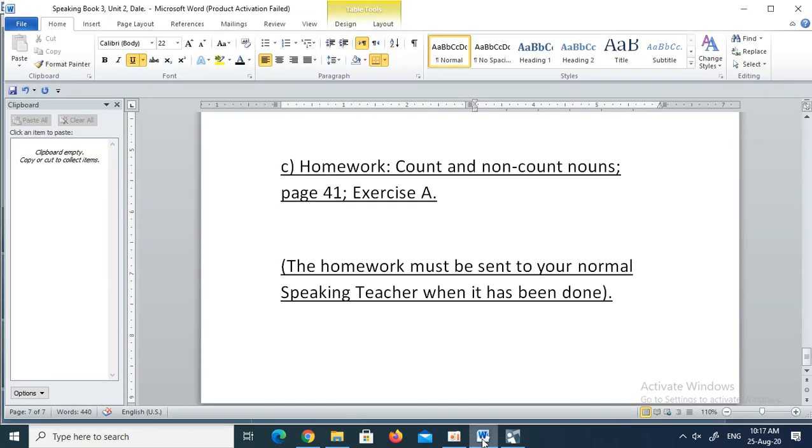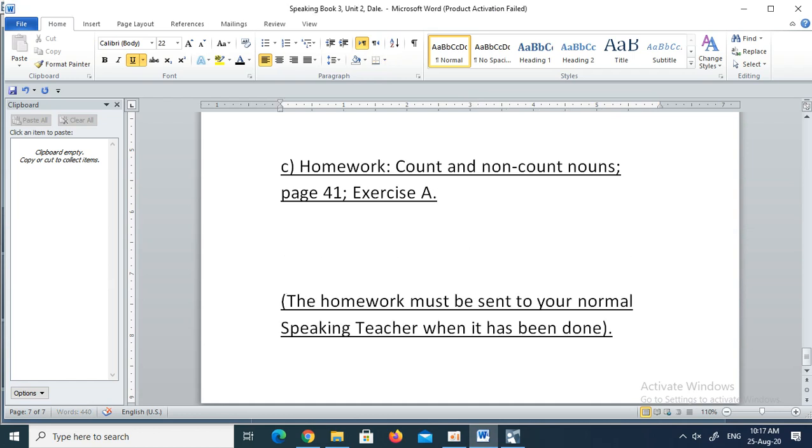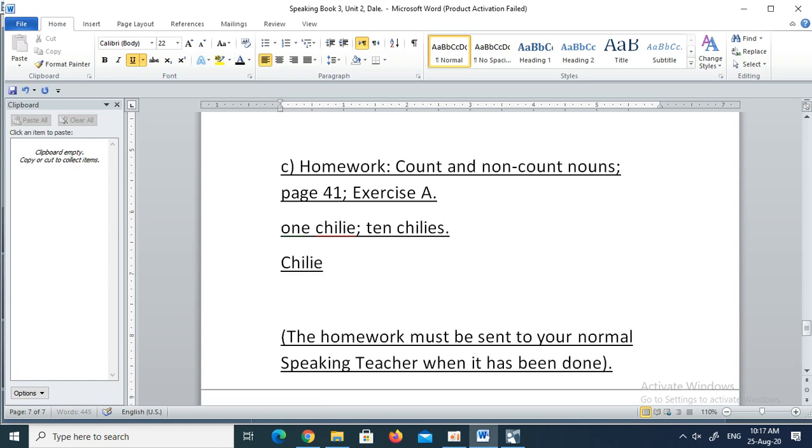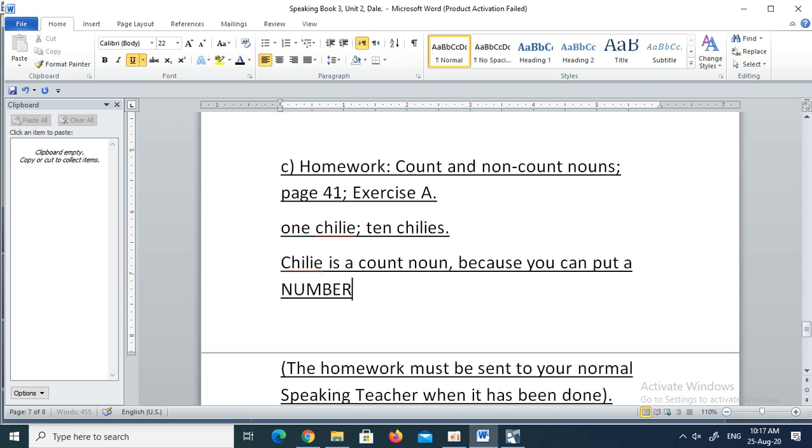Okay. We say 1 chili, 10 chilies. Chili is a count noun because you can put a number in front of it.